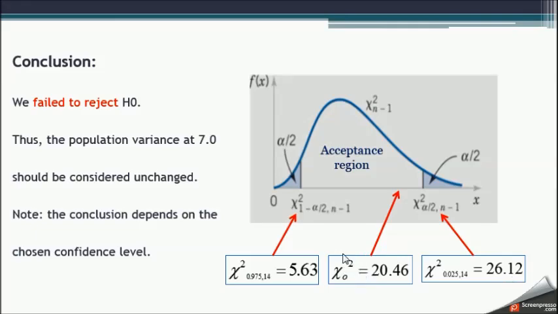And this is chi-naught square, which is our test statistic, which we found from our calculations. So we found that the chi-naught square, which is 20.46, lies in the acceptance region. So if chi-naught square falls in this area, this is the rejection area, or in this area, this is also the rejection area.